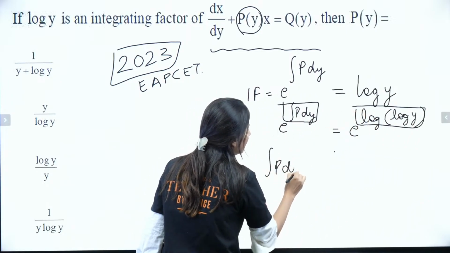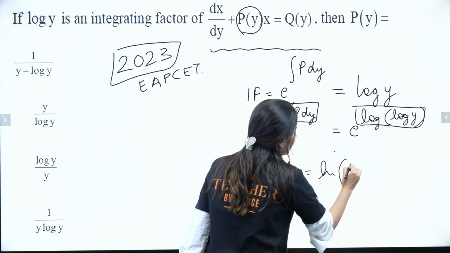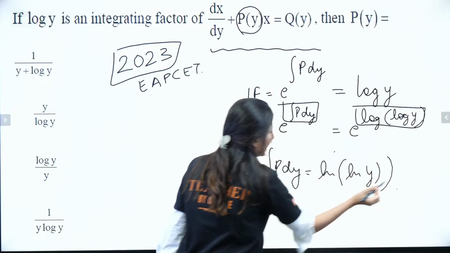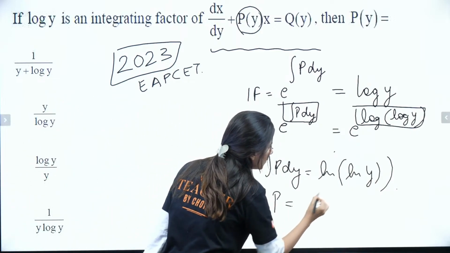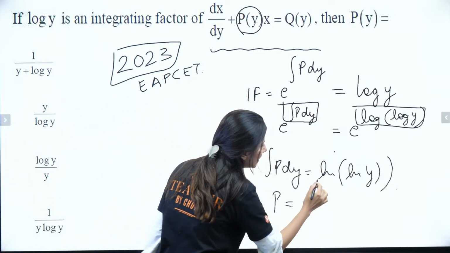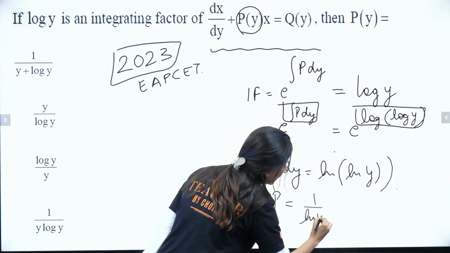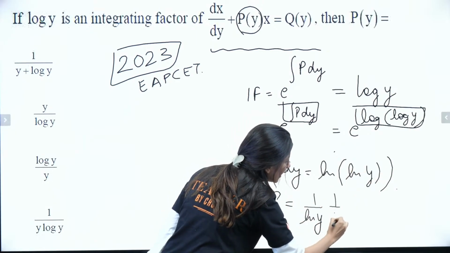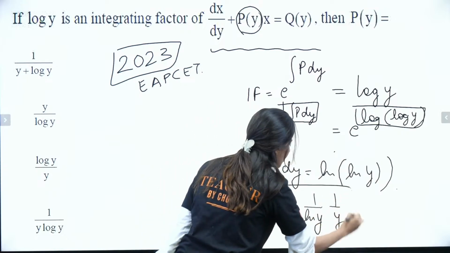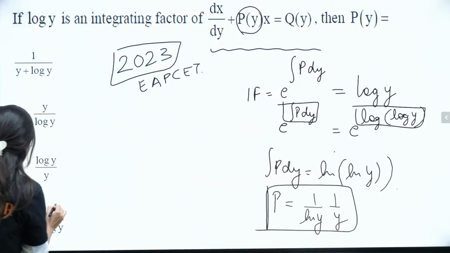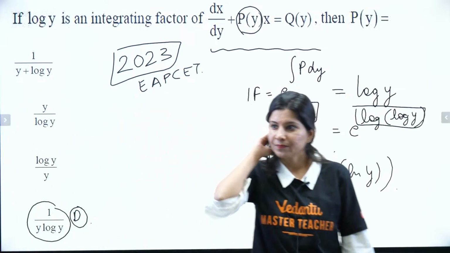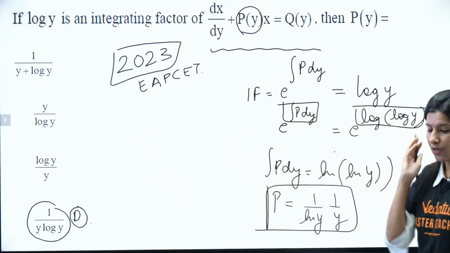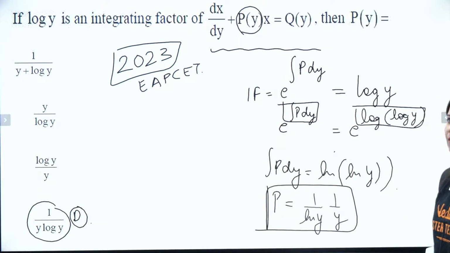Integral of p dy will be equals to log of log y. What we can do is differentiate both the sides. So p will be equals to, if I differentiate both the sides, 1 by log y, and log y if I differentiate with the help of chain rule, 1 by y. So this is your p, 1 upon y log y. That means option D is absolutely right.